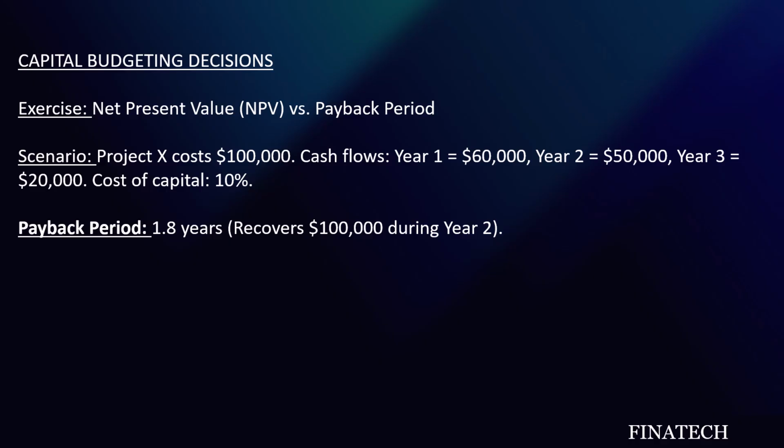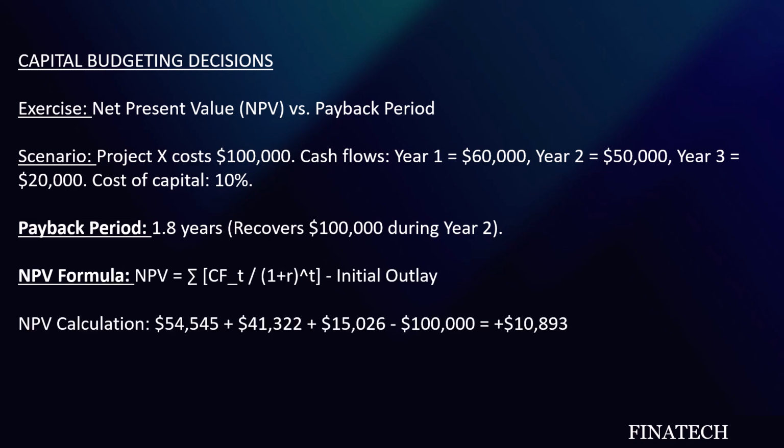The payback period is 1.8 years. We recover $100,000 during year 2. What is our net present value? This is the formula.